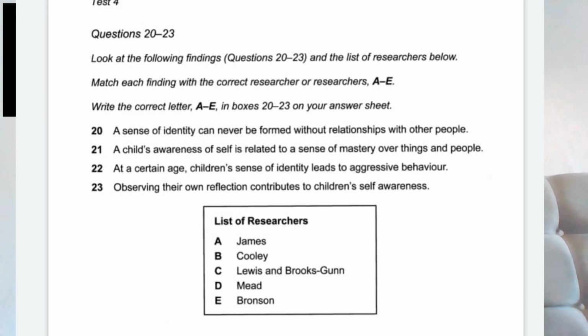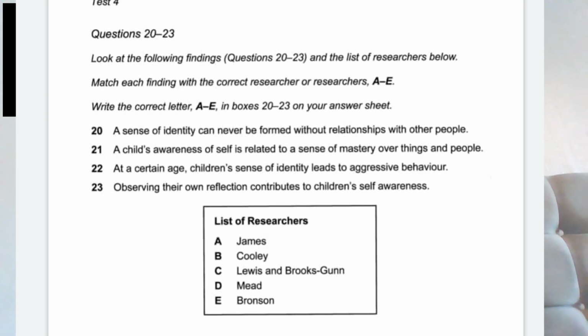That may be our answer, but we'll continue to read. A child's awareness of self is related to a sense of mastery over things and others. He didn't mention anything like that. At a certain age, children's sense of identity leads to aggressive behavior. No, he didn't say anything like that. Observing their own reflection contributes to children's self-awareness. Nothing like that. Now let's go back to 20.